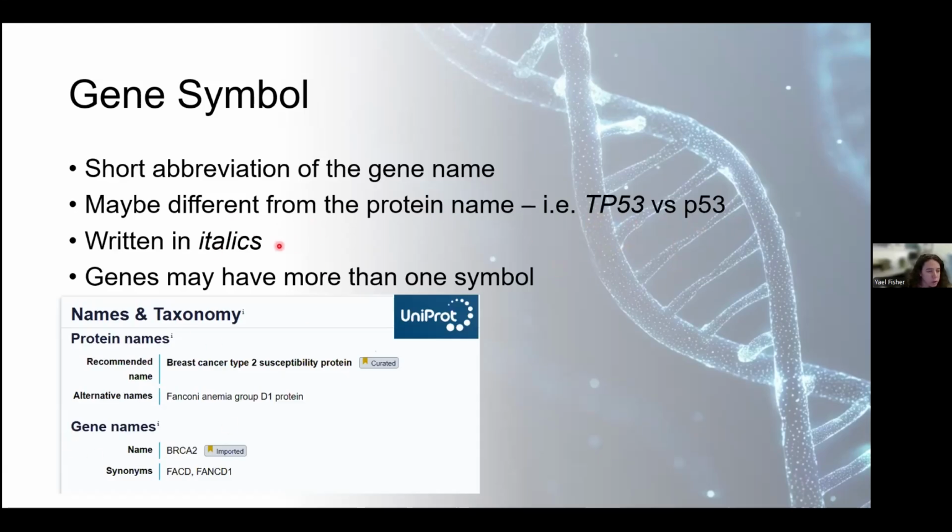So if you're not sure whether they're talking about a gene or a protein, if it's italicized, it's probably the gene. And some genes may have more than one symbol. So BRCA2, which is the most common name of this gene, is also FANCD1. So if you're not sure what gene you're talking about, check, maybe it has a more common name that you do know.